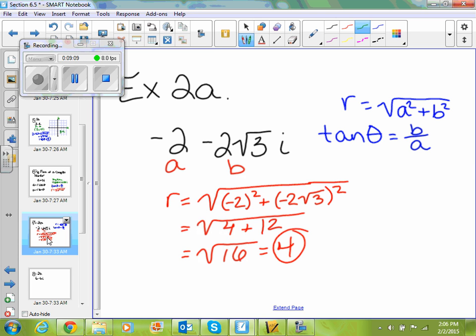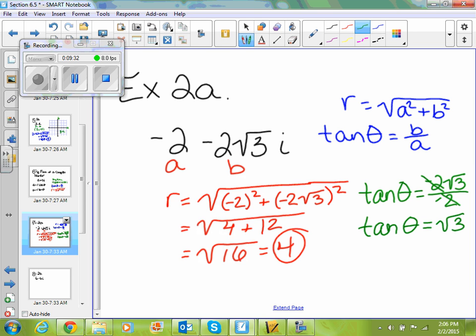Then I also need to find my theta by using my tangent formula. So tangent of theta is equal to my b, which is negative 2 square root of 3, over my a, which is negative 2. So then these negative 2's cancel. So tangent of theta is equal to square root of 3.